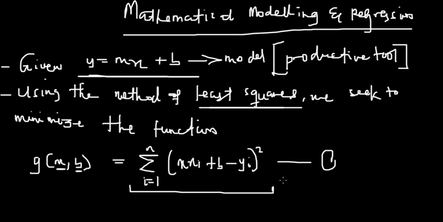I would have done that in case the question might ask that, but for this tutorial video I'll be teaching you how to approach and solve questions under mathematical modeling and regression.